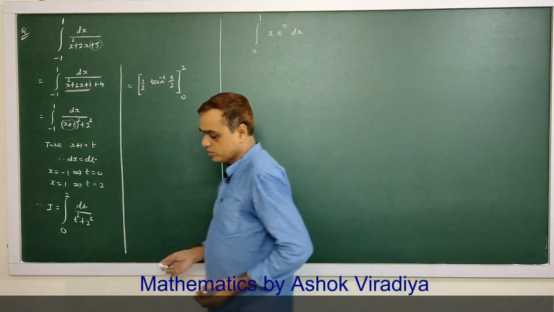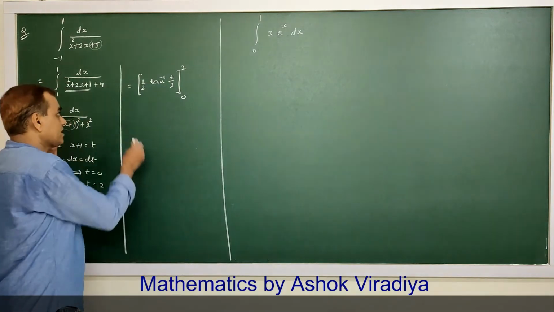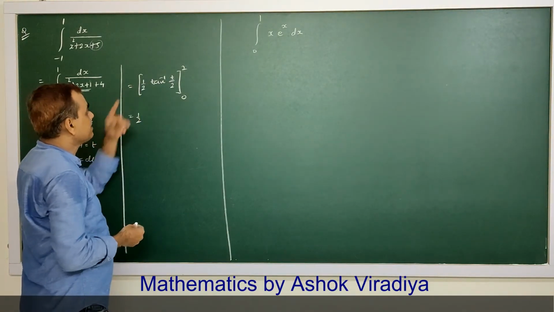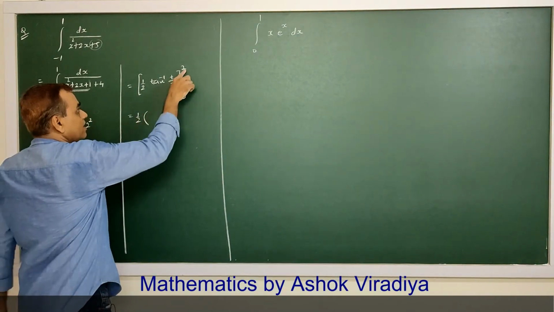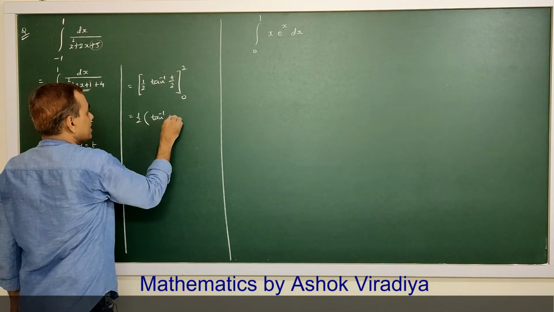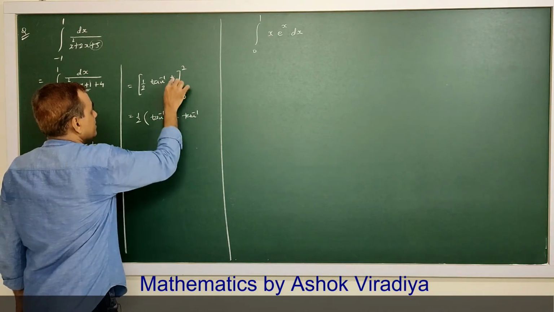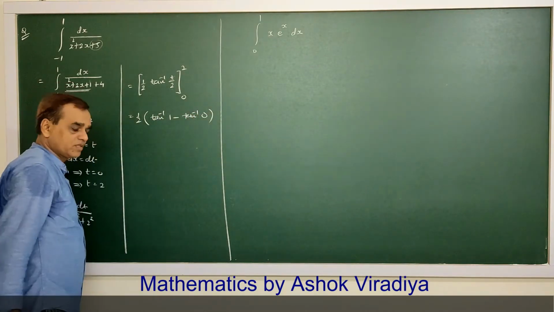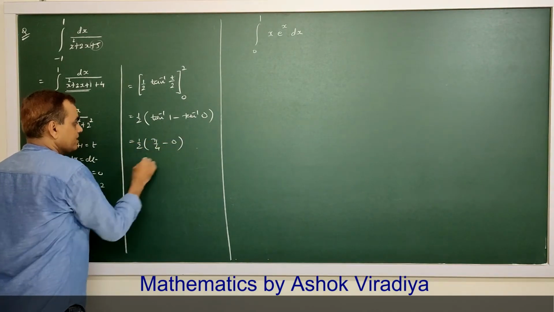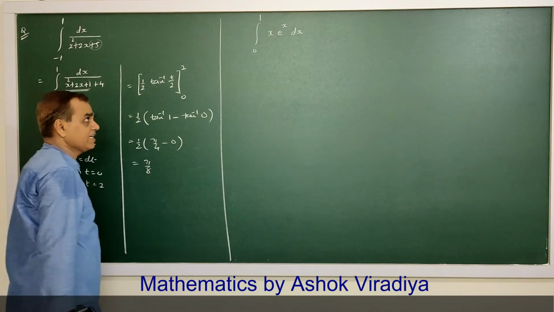Now 1 by 2 is a constant, so we can keep this outside. In the difference this will be common, so keep it out of the bracket. Now upper limit, putting 2 here, 2 by 2 is 1, and here 0 by 2 is 0. So 1 by 2 times pi by 4 minus 0, so it is pi by 8.